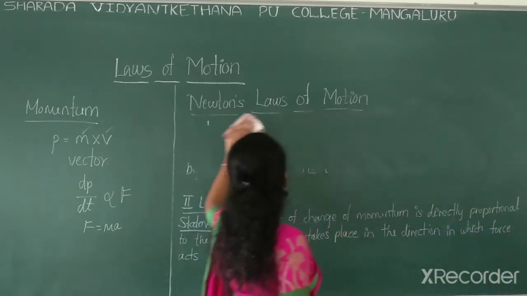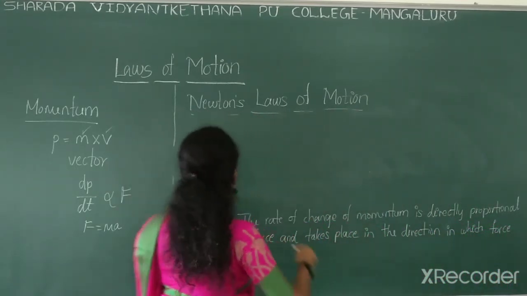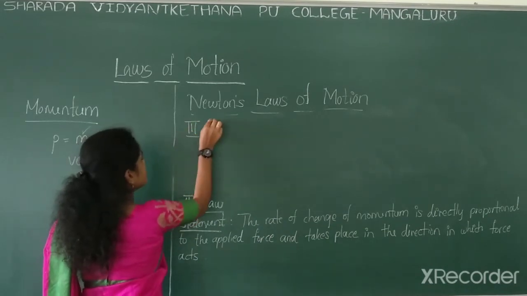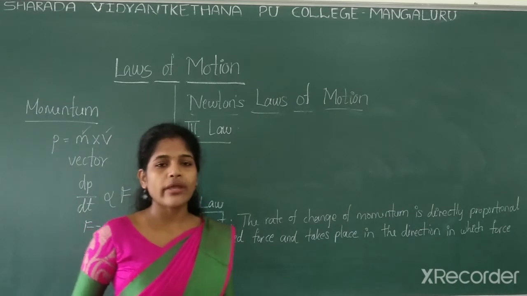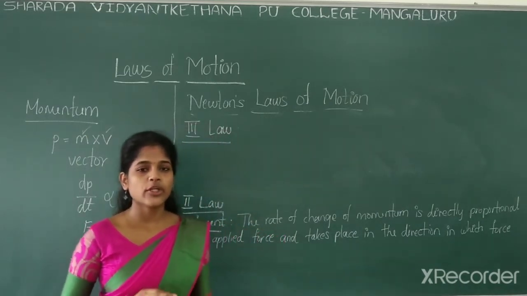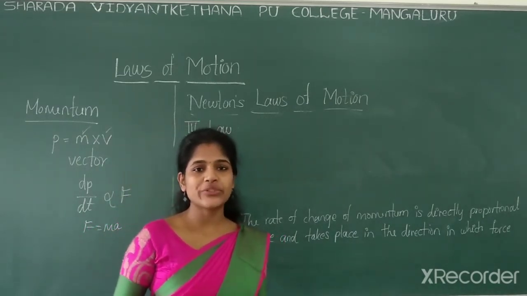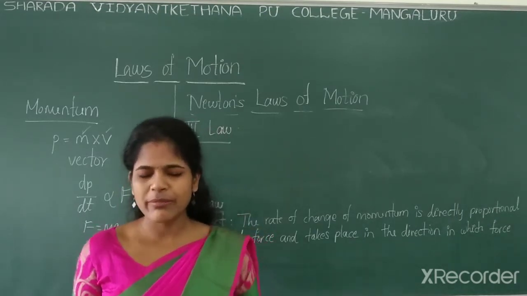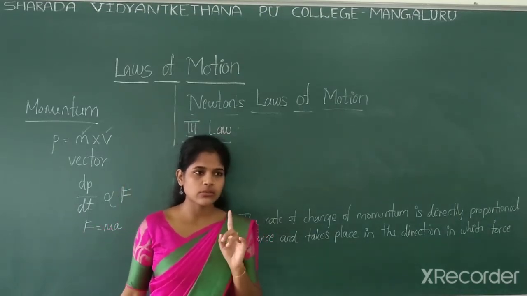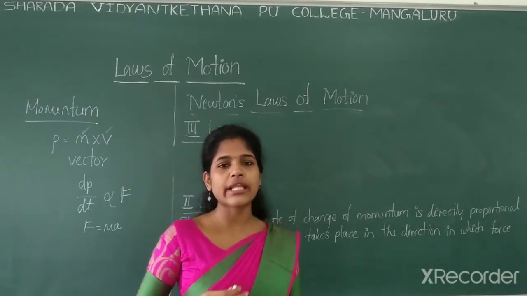So the statement of Newton's third law is very familiar: to every action there will be an equal and opposite reaction. So for this we can give many examples. I'll consider one example, that is recoiling of a gun.